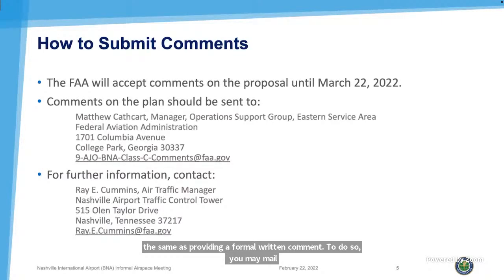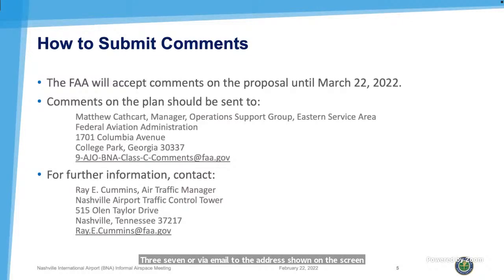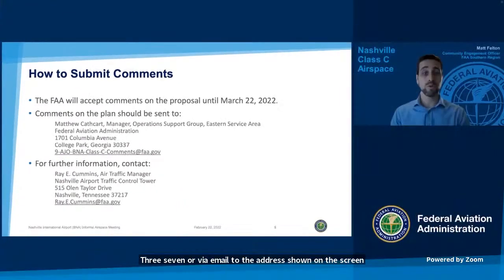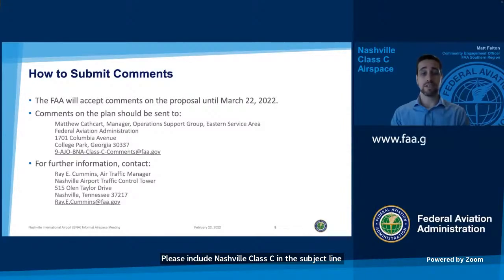Please include Nashville Class C in the subject line. Please provide your comments by Tuesday, March 22nd, 2022. You can also visit our website at www.faa.gov/go/Nash for more information about the project.